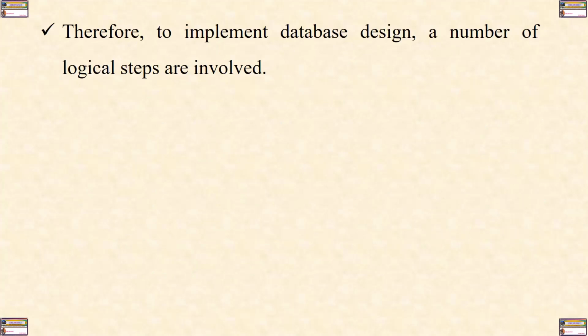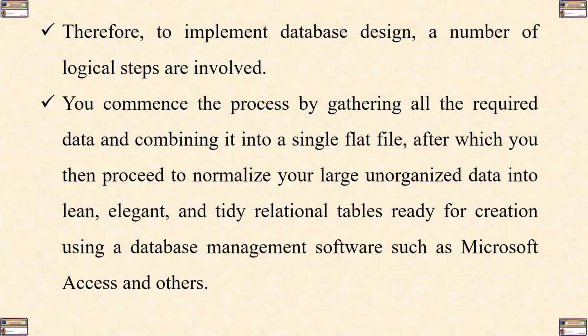Therefore, to implement database design, a number of logical steps are involved, which include commencing the process by gathering all the required data and combining it into a single flat file, after which you then proceed to normalize your large and organized data into lean, elegant, and tidy relational tables that are ready for creation using a database management software such as Microsoft Access and others.